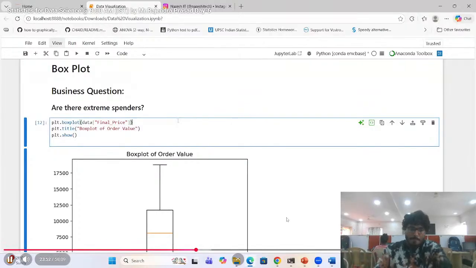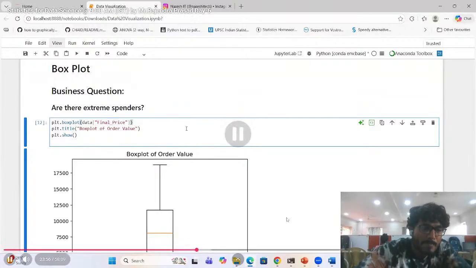We know the box plot is flexible to identify those. So let's go and do it.